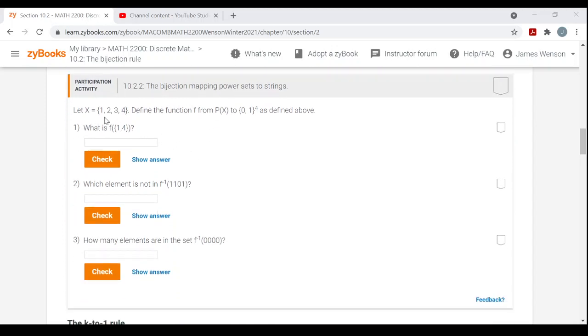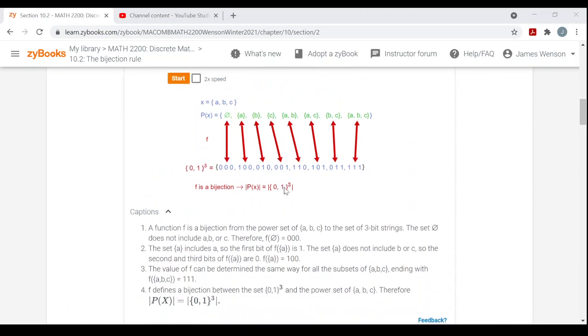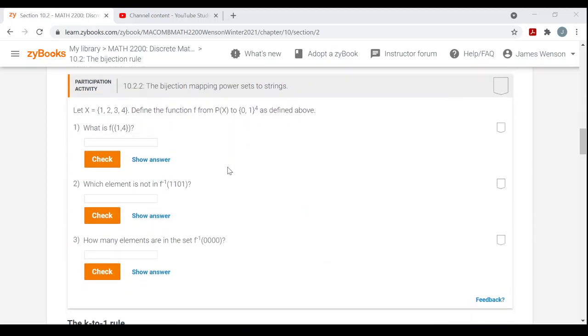So here, doing something similar to what was done in this activity. Again, you can watch the animation. I'm not going to play the animation. So here, for instance, suppose X is the set {1, 2, 3, 4}. Define the function f from the power set of X to the set of binary strings of length 4, as defined above.